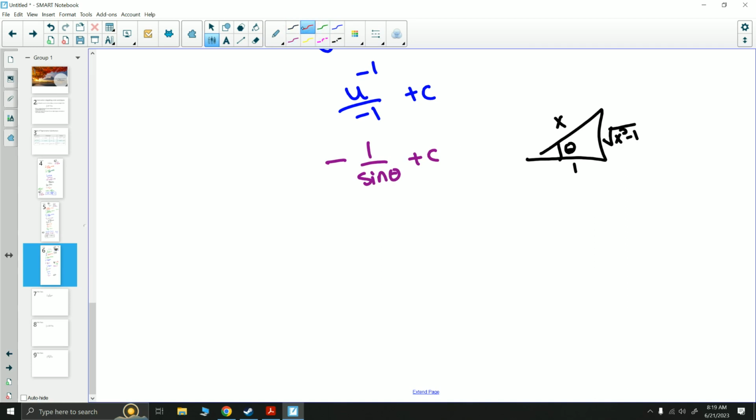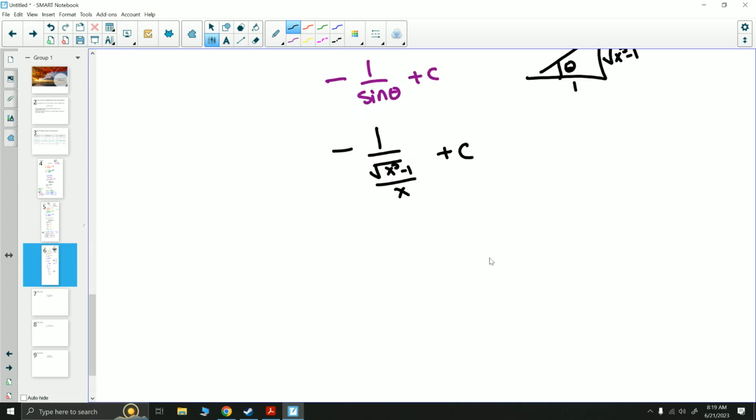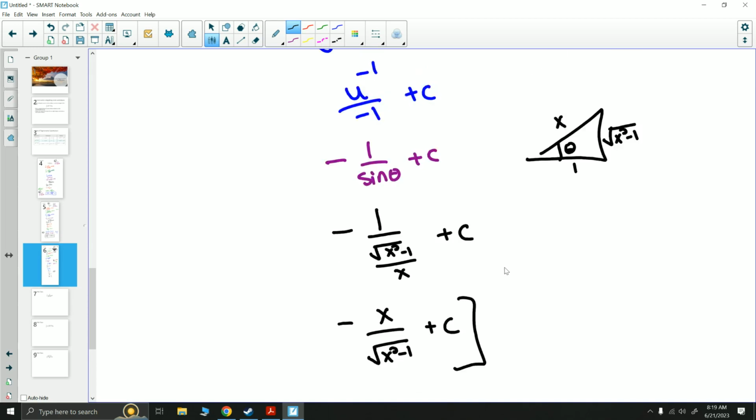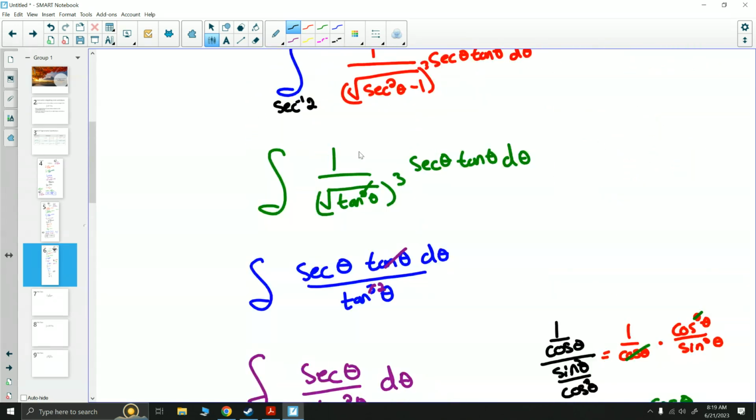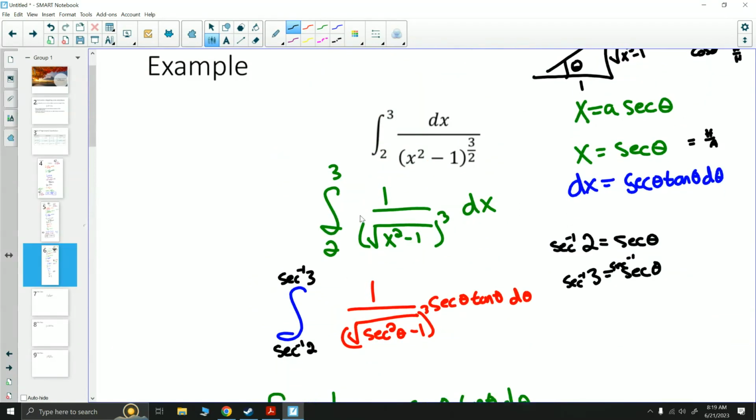Okay, so sine is opposite over hypotenuse. So that is negative 1 over the opposite, square root x squared minus 1, over x, plus c. So that means that we have negative x over square root x squared minus 1 plus c. But we're doing a definite integral, and I've converted this back to x's, so I'm going to use my original x's from 2 to 3.